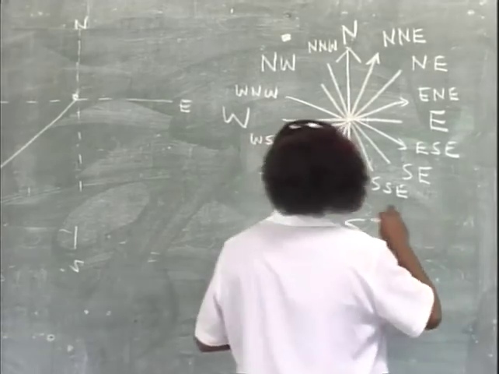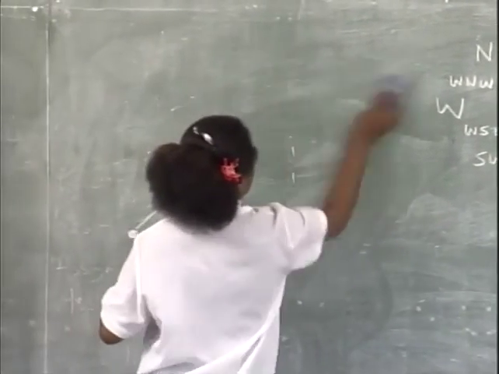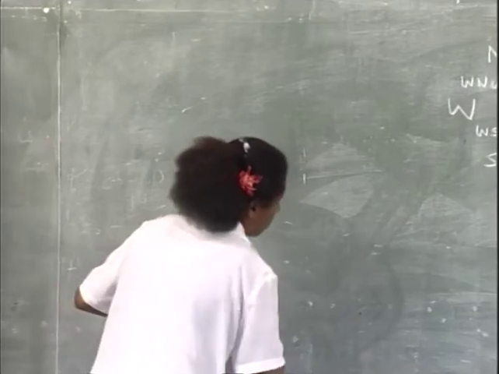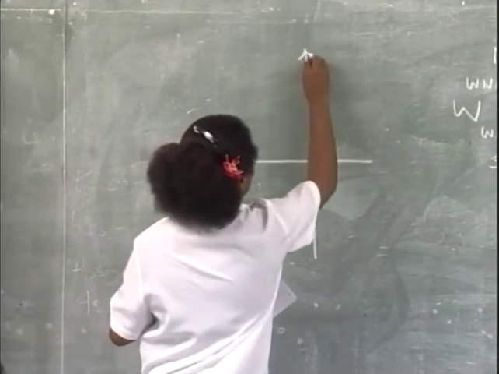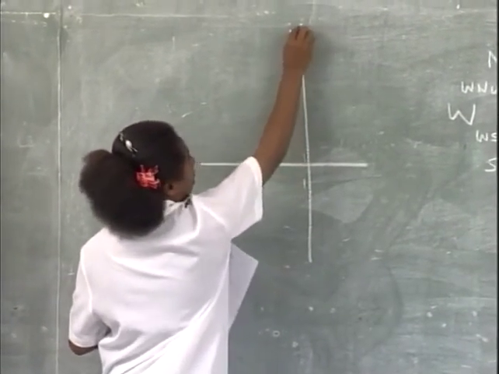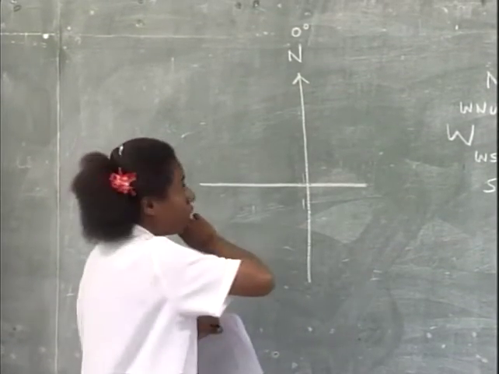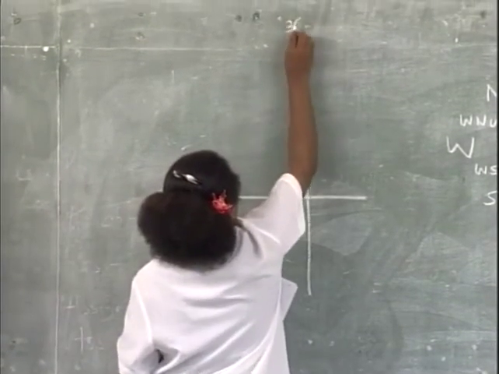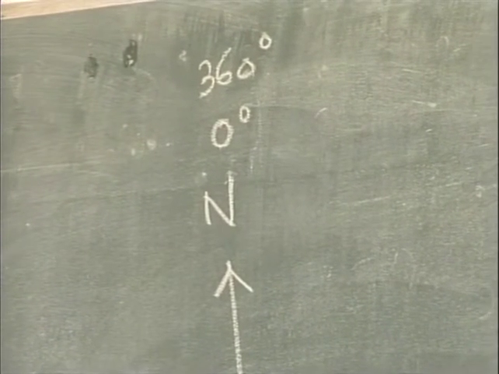If we look at the direction east, so we have the 4 cardinal points of a compass. I mentioned a while ago that the north direction is at the bearing of 0 degrees. If we are starting, and if we complete one full revolution, then it would be at a bearing of 360.